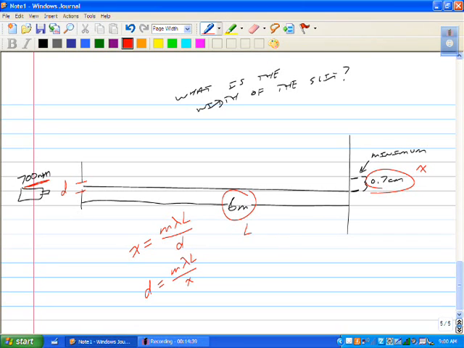So now all we need to know is m. What is m? It's 1. How do I know it's 1? It's the very first minimum. It's what we call the first order. Because there was a bright spot, and then right next to it there was a dim spot.